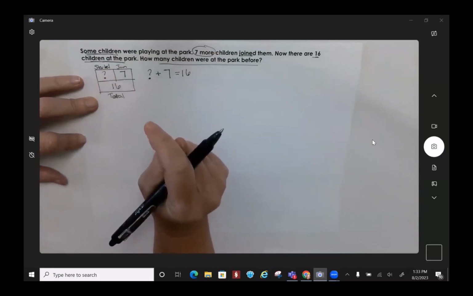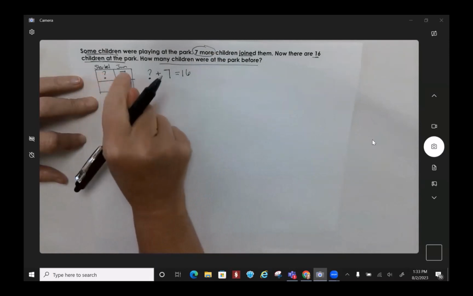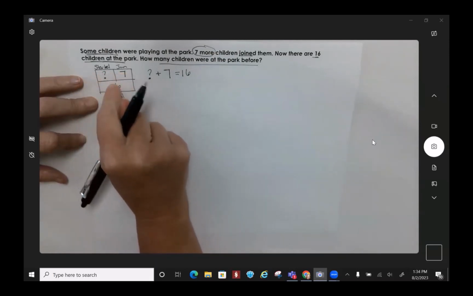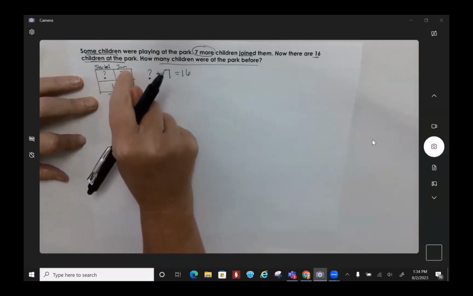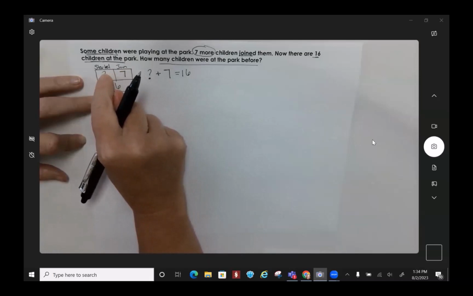Well, I know that part-whole helps me see the 2 parts put together would equal the total, or I can take that total and subtract a part and that would give me the other part.